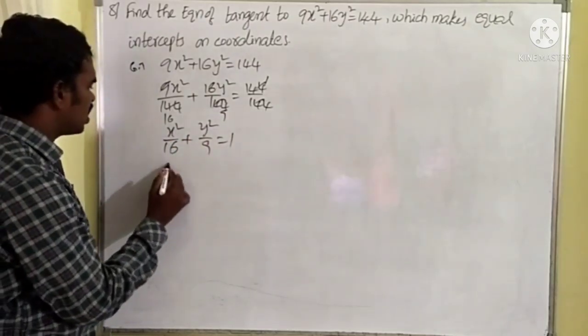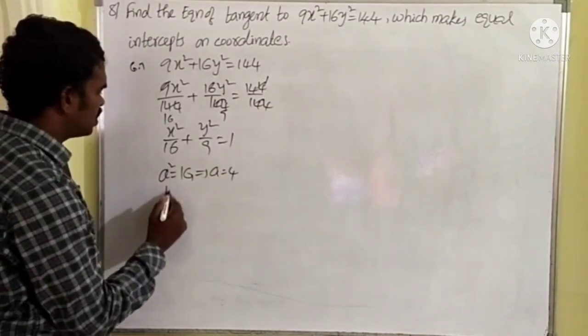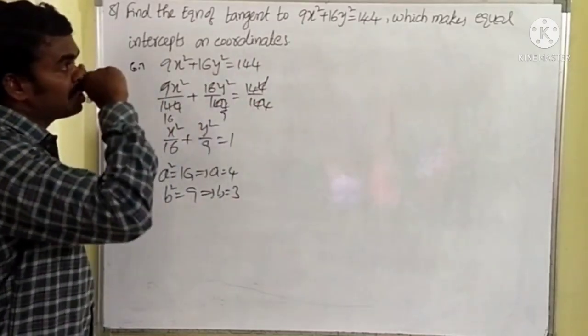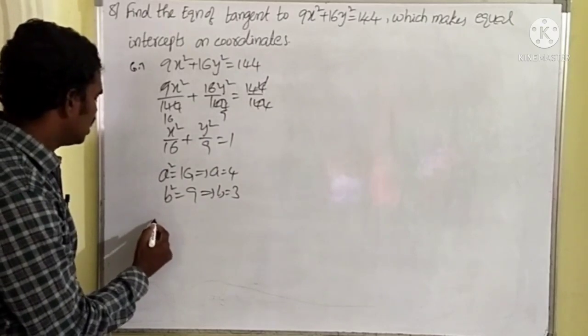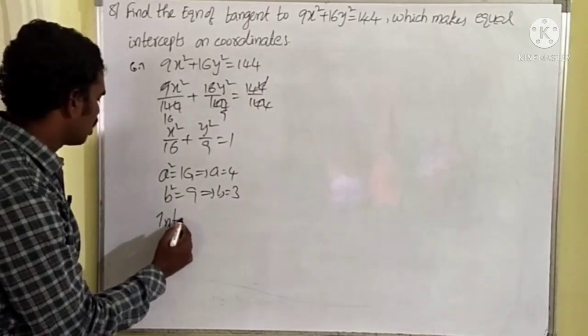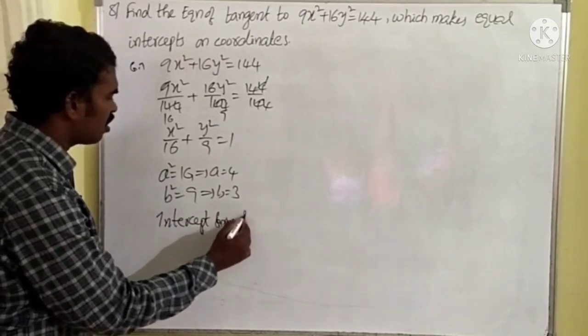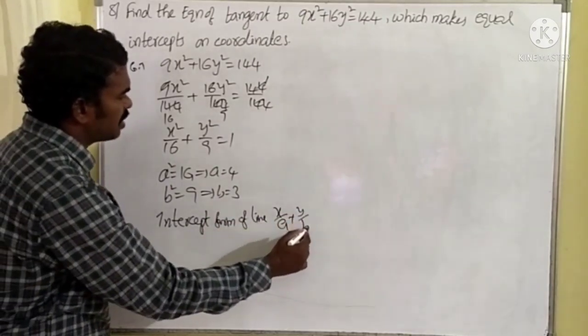What is the a square value? 16, that means a equals 4. What is the b square value? 9, that means b equals 3. And it says the tangent makes equal intercepts on the coordinate axes. What is the intercept form of a line? The intercept form of a line is x by a plus y by b equal to 1.